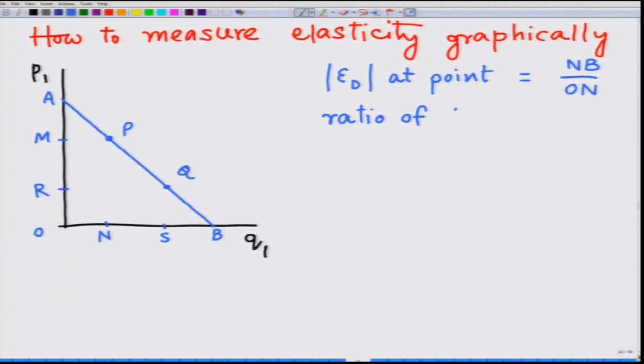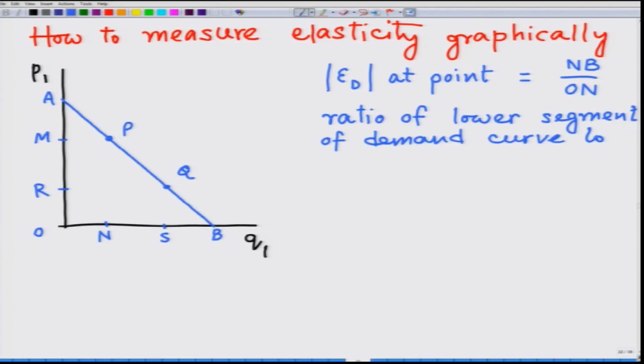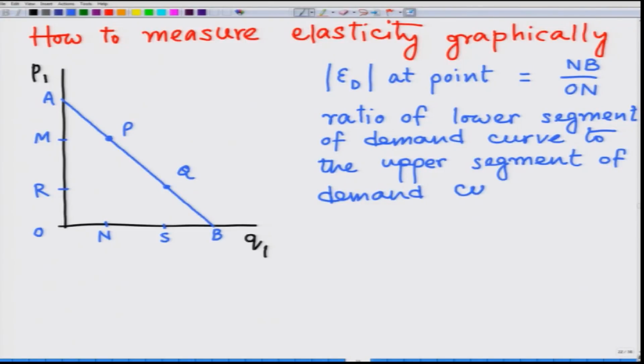Now, this can be stated as the ratio of the lower segment of the demand curve to the upper segment of the demand curve.